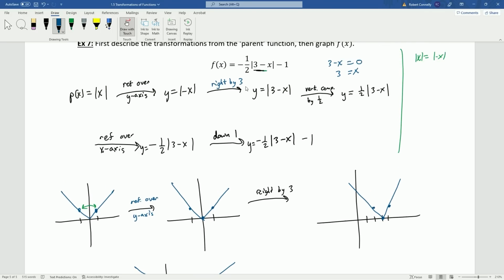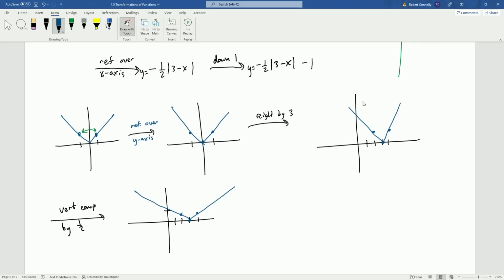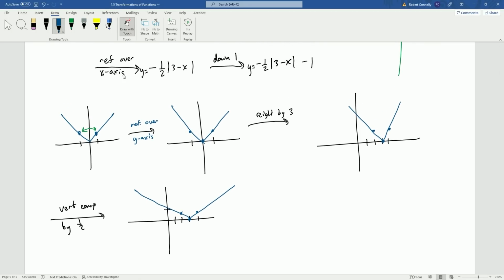What's next? So we've done our vertical compression by 1/2. So now we have a reflection over the x-axis. So now we just take our graph and we flip it down here.